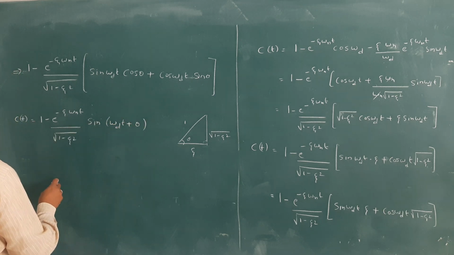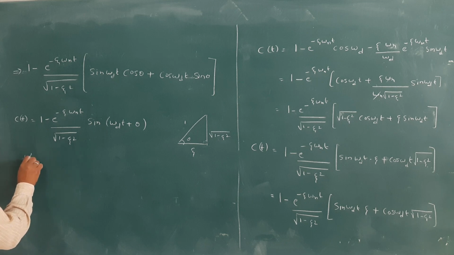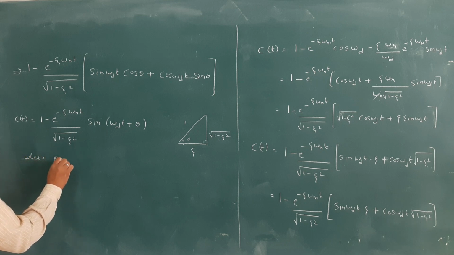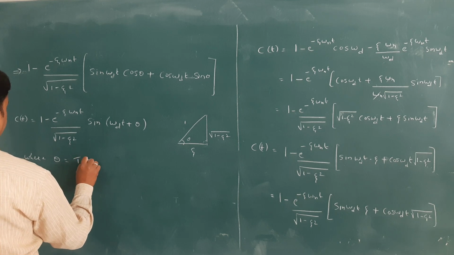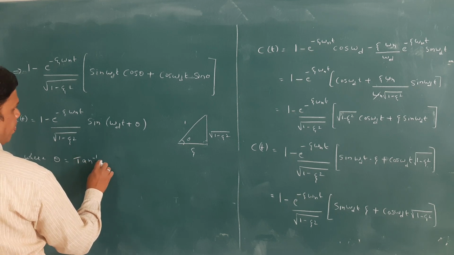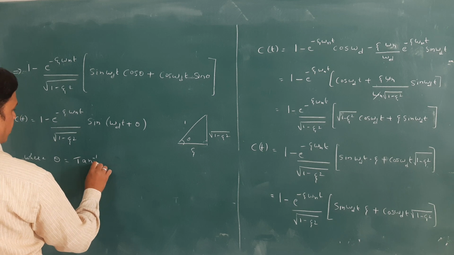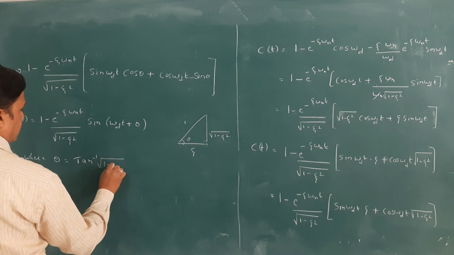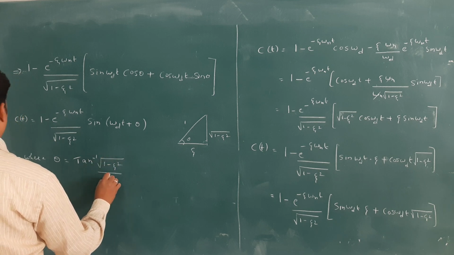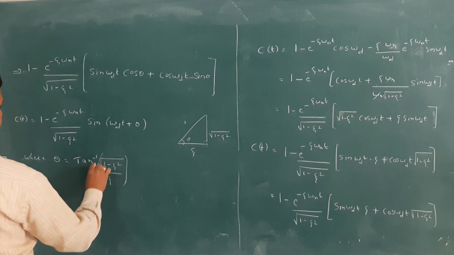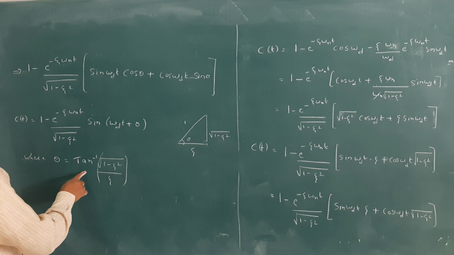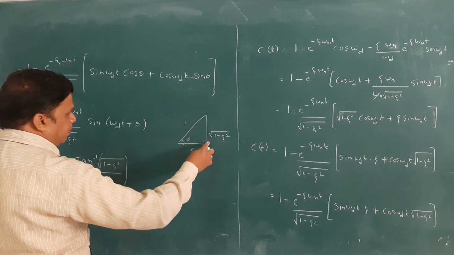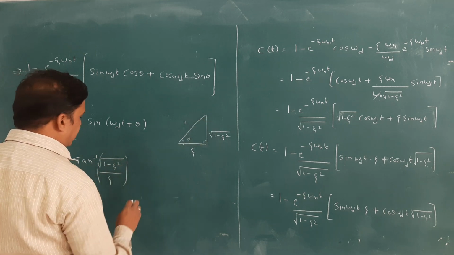So sin a plus b we will get, where theta is equal to tan inverse of b by a, that is square root of 1 minus zeta square by zeta. We have a formula for a right angle triangle: theta is equal to tan inverse of opposite side by adjacent side.